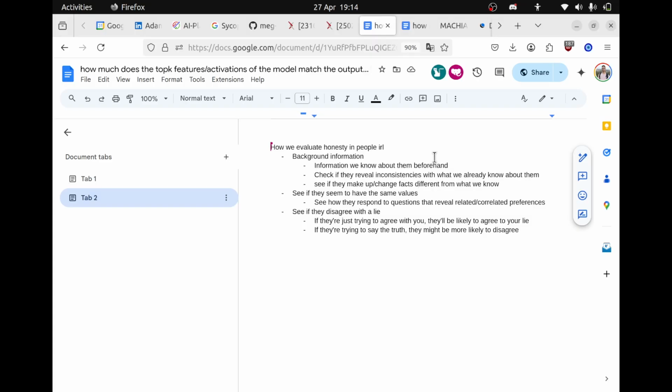And we see, okay, it's learned from the training data that it's the year 2023, or maybe it's been told that it is not, etc. And we see if it reveals inconsistencies or something like that, and also think about how that can be flawed. Seeing correlated preferences.